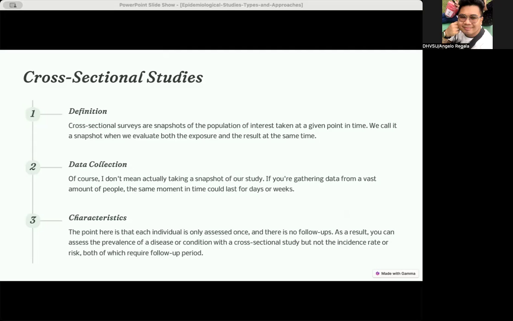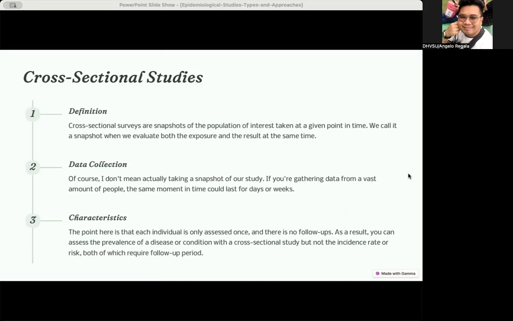Now, if you want to analyze something under observational studies, we call it analytical. So in an analytical observation, as a researcher, we want to try to establish or find the relationship or association between those who are exposed and the outcome.